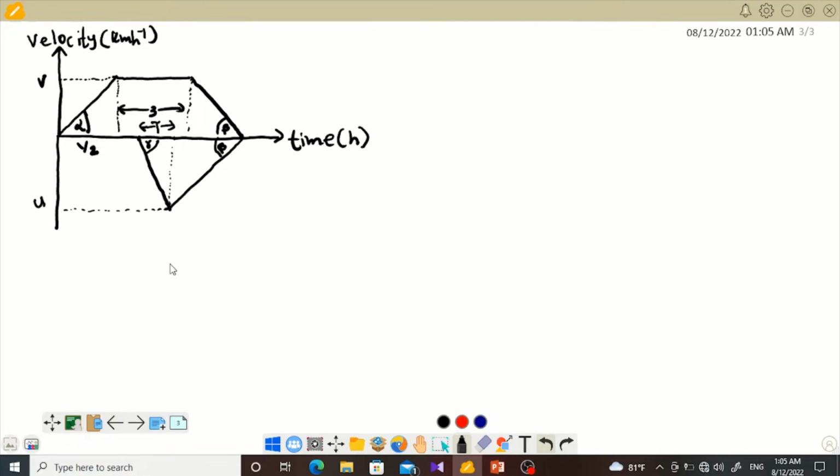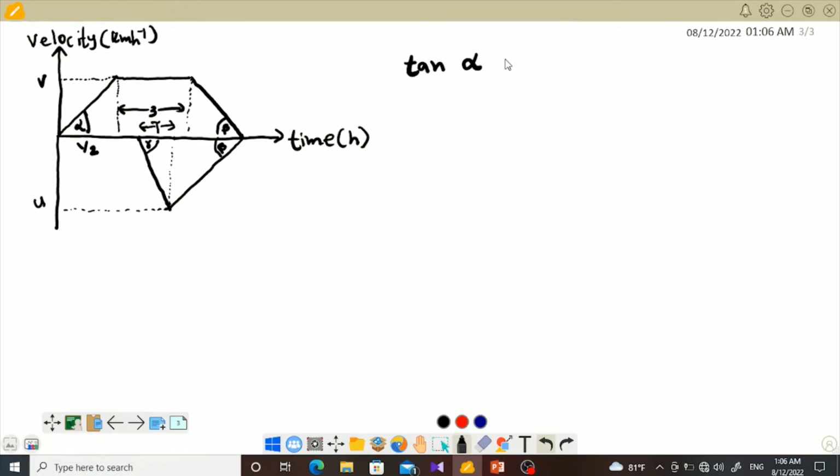Then first we have to show that f equals 8. So I am going to find the value of f. To find the value of f, I am using the velocity time graph of train A. So here first I am going to find the value of v in terms of f. I use the acceleration, which is equal to the gradient.